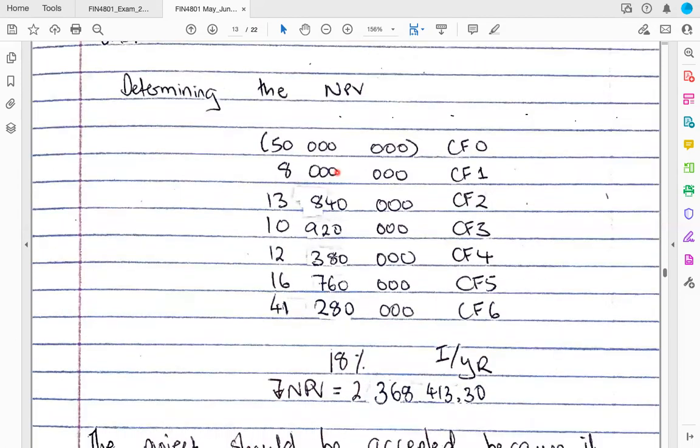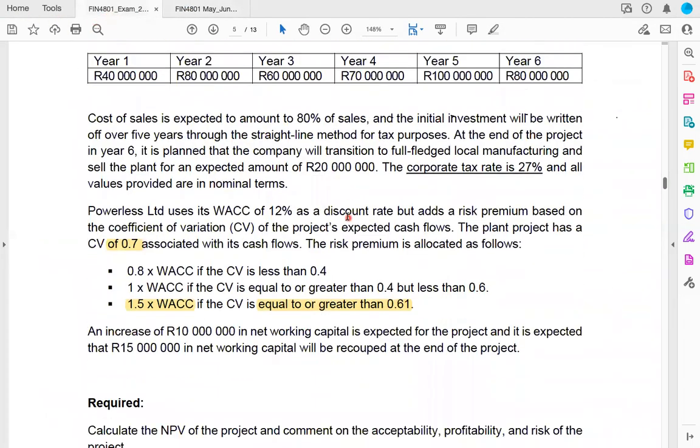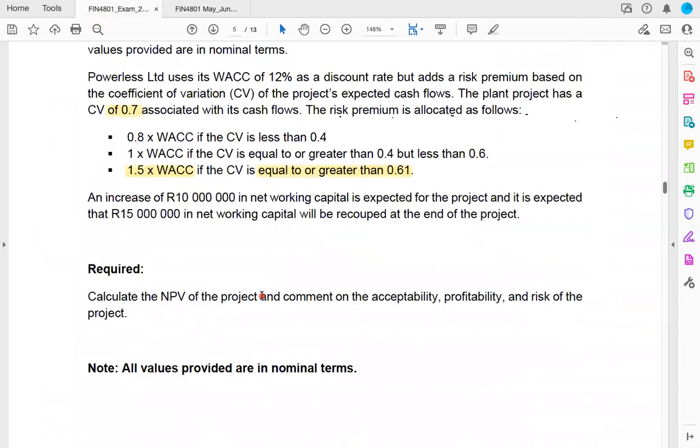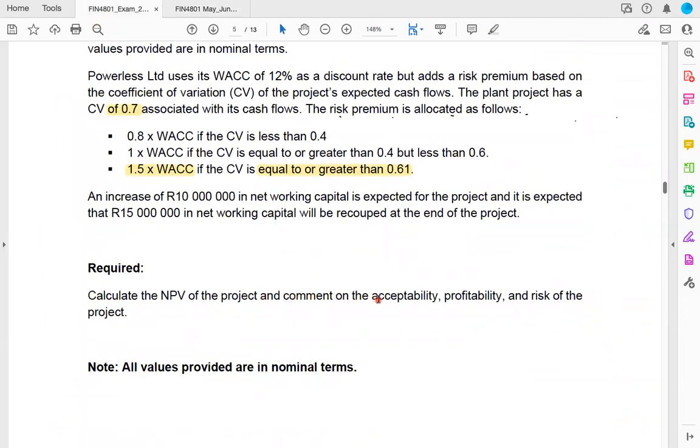Once we have our cash flows and the appropriate discount rate, we can then calculate our NPV. It's just a matter of correctly using our financial calculator, and we get 2,368,413.30. You'll notice with most of these capital budgeting questions, at the end the question will say, calculate the NPV and then comment on the acceptability, profitability, and the risk of the project.